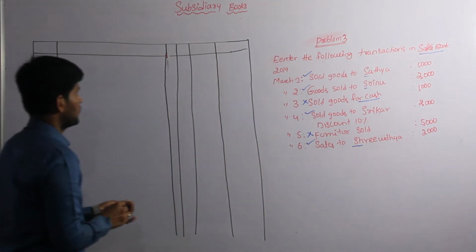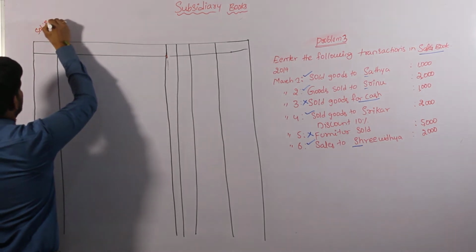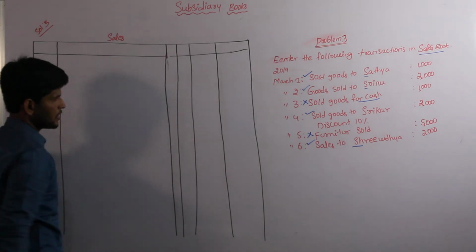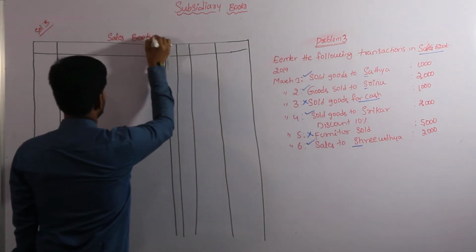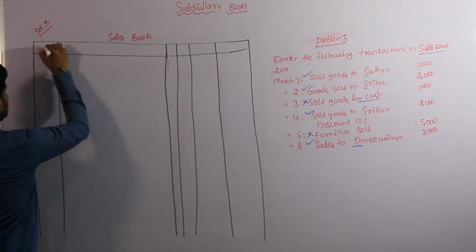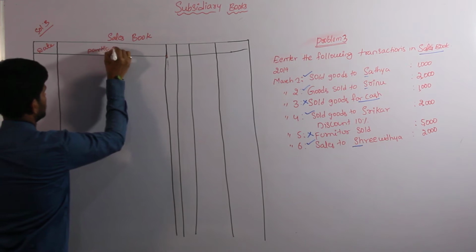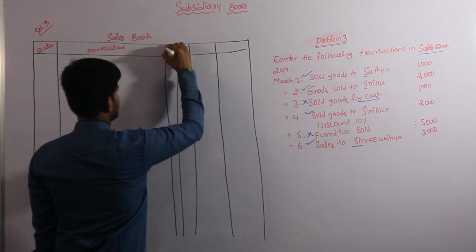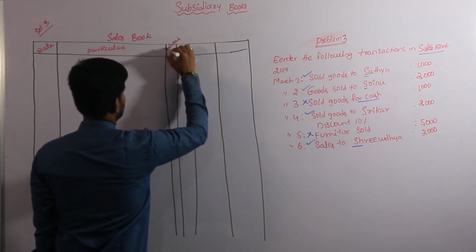Come to draw the proforma, and this is solution 3. Write the name of the subsidiary book, that is sales book. First column goes to date, next one particulars. This column goes to outward number.